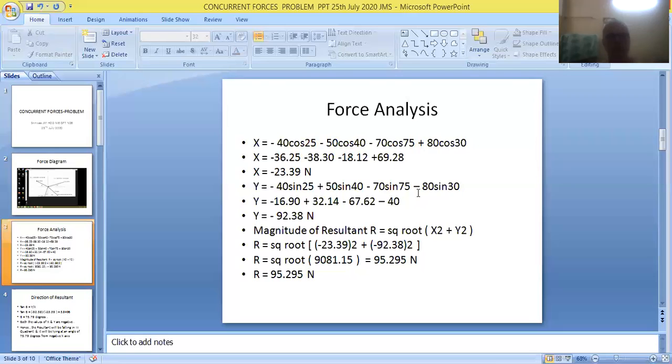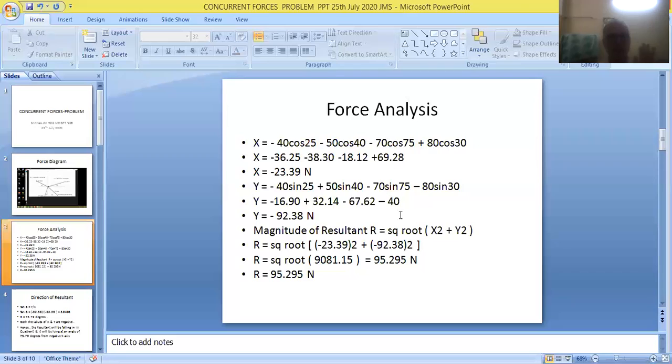Now we can make the calculations. 40 sine 25 coming to 16.9, 50 sine 40 coming to 32.14, 70 sine 75 coming to 67.62, 80 sine 30 coming to 40. Sine 30 is half, so 80 will be equivalent to 40. Friends, a positive symbol, this is the only force acting in upward direction. We are giving plus symbol.